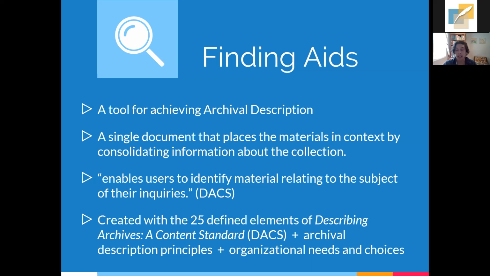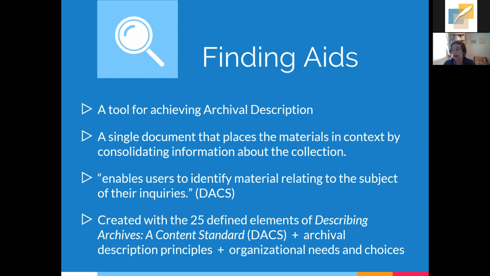A finding aid is a single document that places archival materials in context by consolidating information about the collection. And again, as you can see from this quote on the third bullet point, I took it right from DACS. A finding aid, like description, helps support users of archives in identifying and accessing the materials that they're looking for.